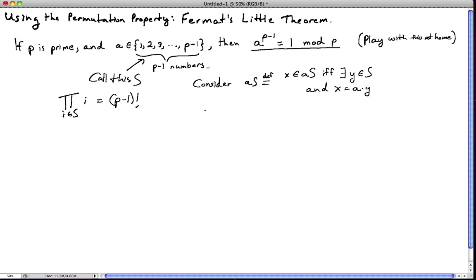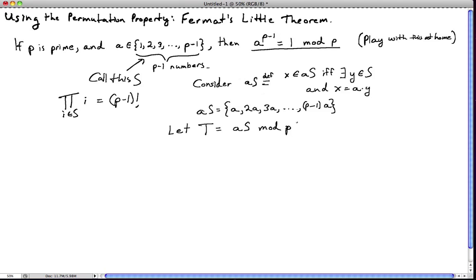So what's in aS? Well, it's the set a, 2a, 3a, all the way up to p minus 1 times a. I want to look at the set aS mod p.